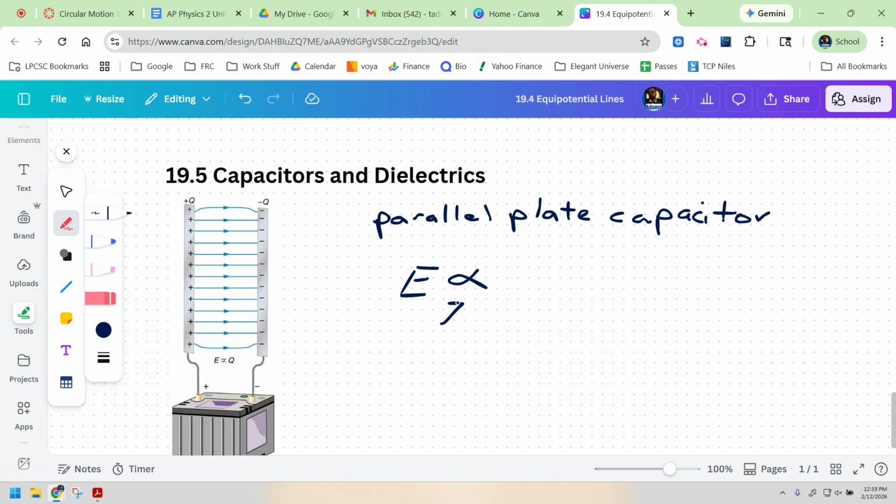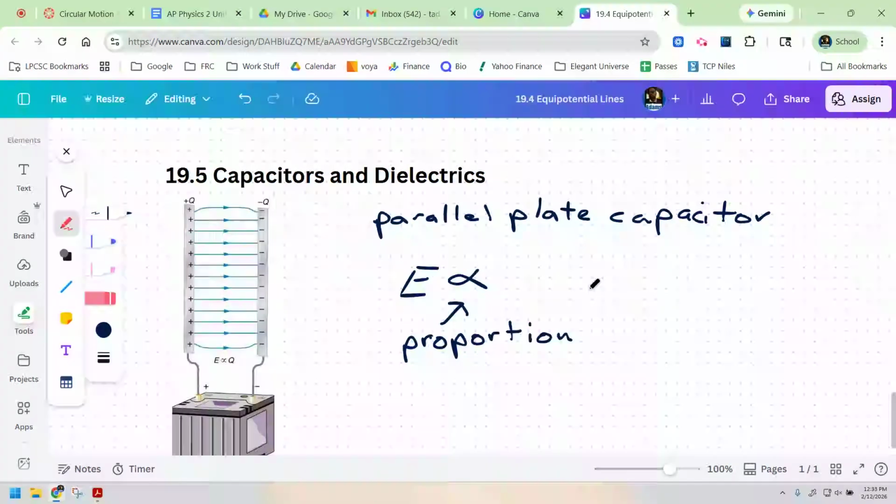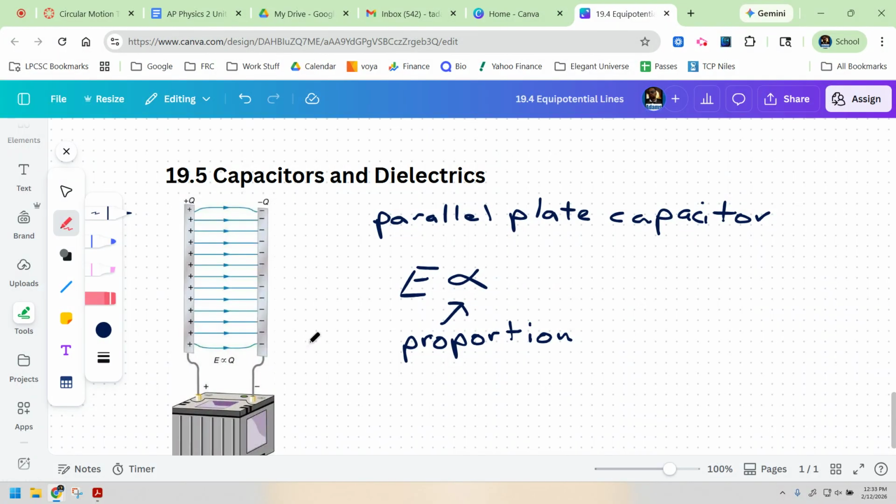That little symbol, the alpha, when we write it in this way, means proportional. To our charge, okay? So it's directly proportional to our charge, right?